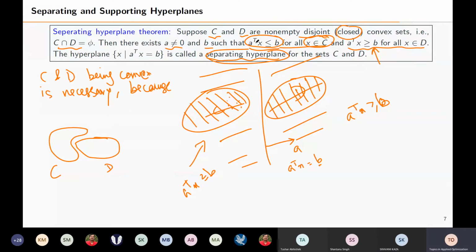Because a hyperplane is a plane, so it's something straight. I try to do this, it's not possible. I try this, it's not possible because it's going through the set C here. So there is no way that I can find a hyperplane. So no hyperplane exists.